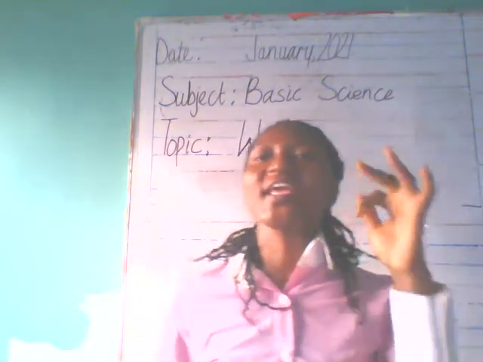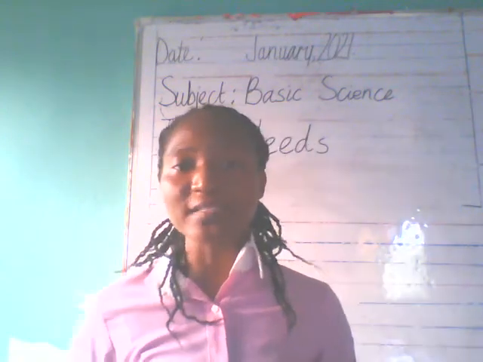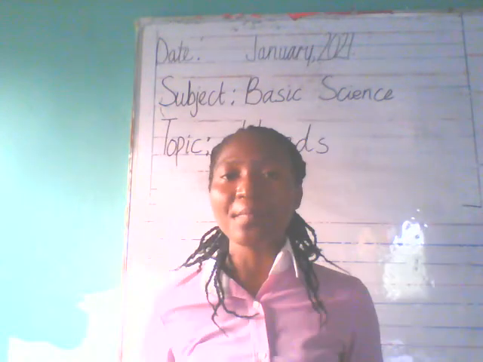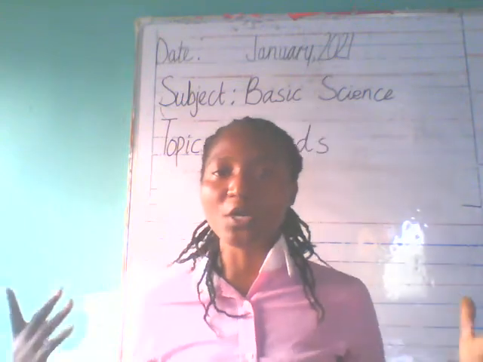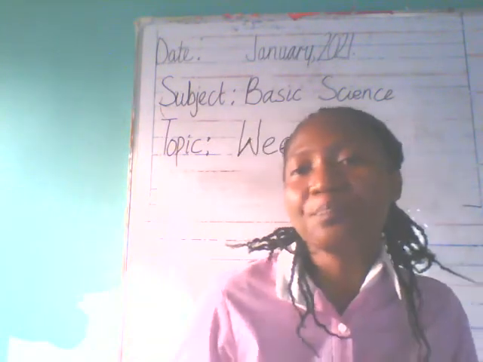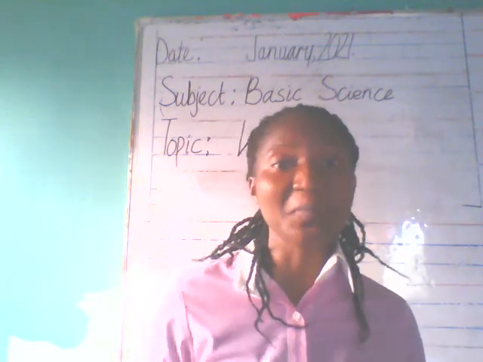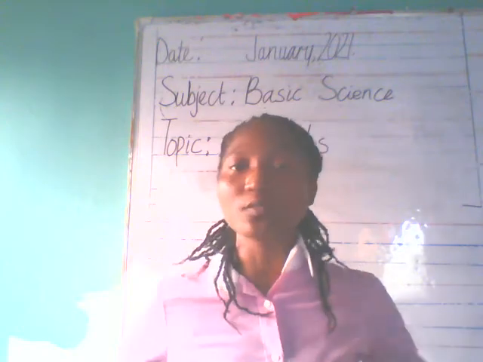Number 3, it serves medicinal value. Some grasses, people cook them and take them to cure their diseases. Like some people take the neem plant. Some people think it is also a weed because sometimes it grows where it is not wanted.